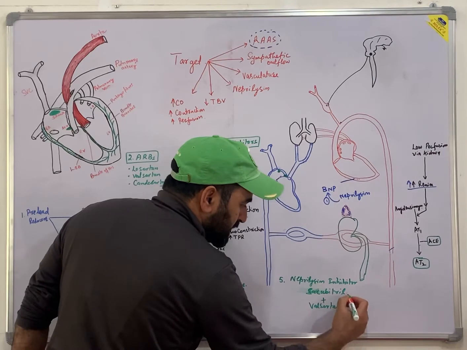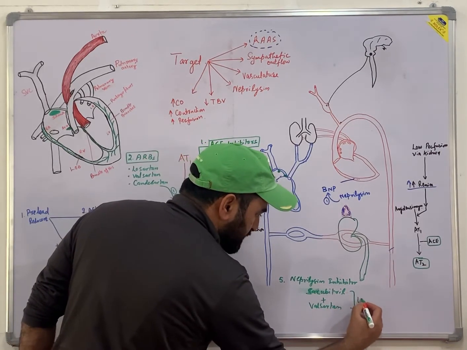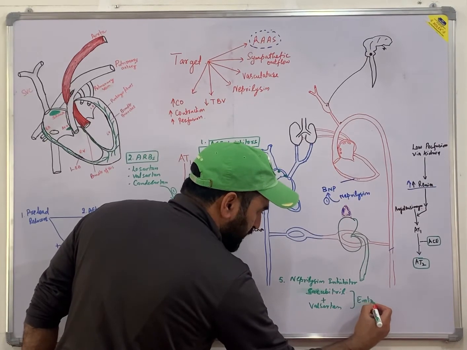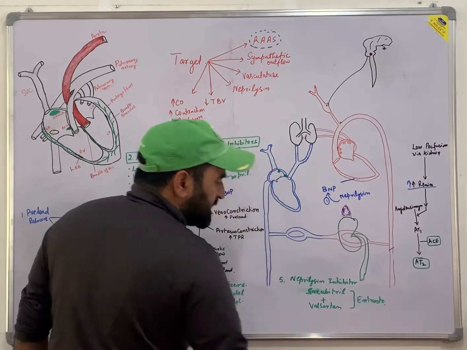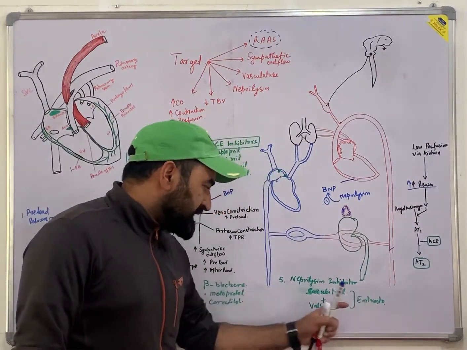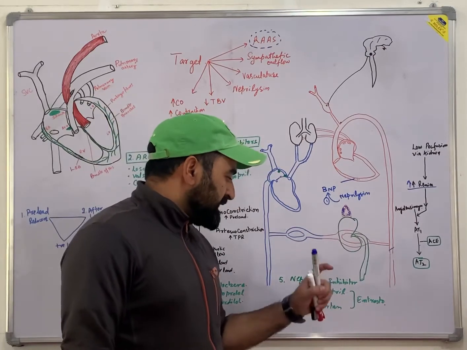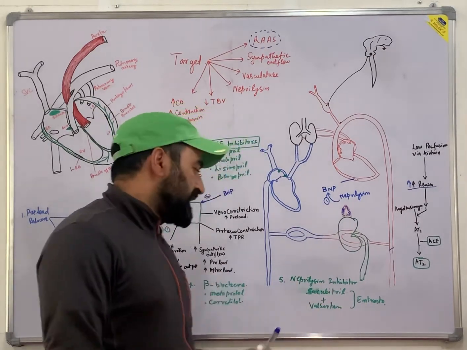The combination of sacubitril and valsartan is Entresto. That means Entresto is a combination of sacubitril and valsartan. They are given for the treatment of congestive heart failure.